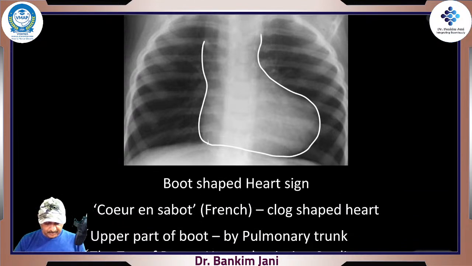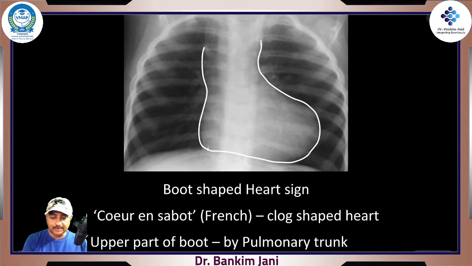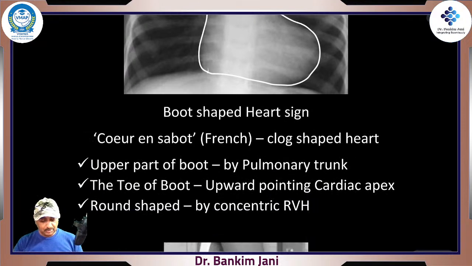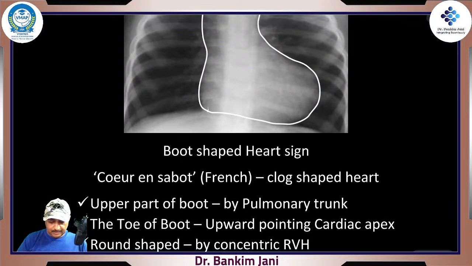Now see, in this case, the upper part of the boot is because of the pulmonary trunk. The toe of the boot is due to the upward pointing cardiac apex.